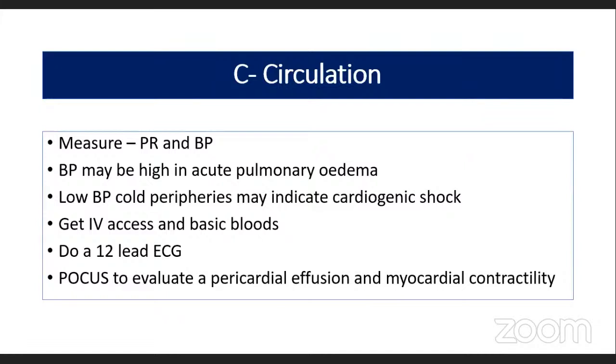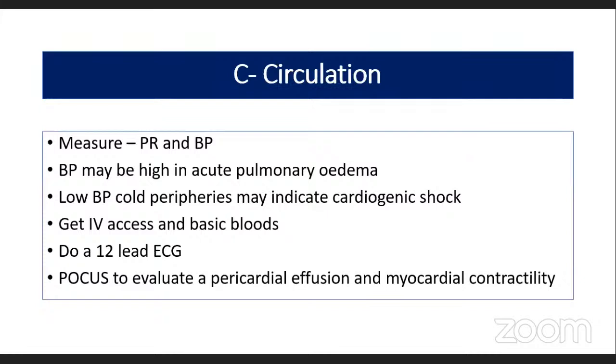In addition to identifying the signs, you need to get two large bore intravenous accesses, ideally in the antecubital fossa, because it is a large vein. And you need to get the basic investigations. Basic in the emergency department is usually a venous blood gas or maybe an arterial blood gas. Why do we want a blood gas?